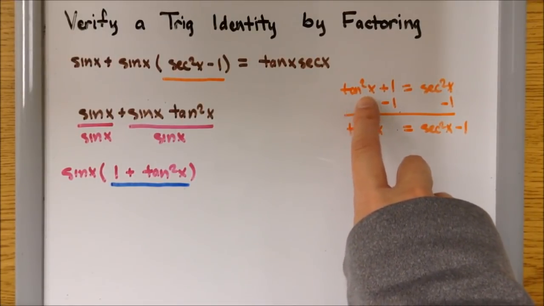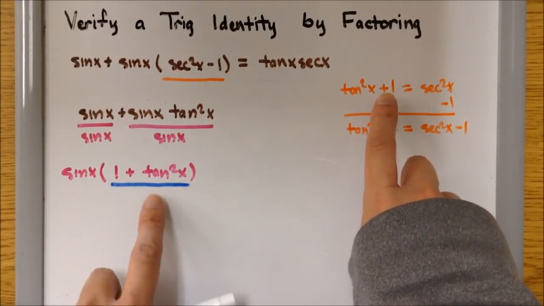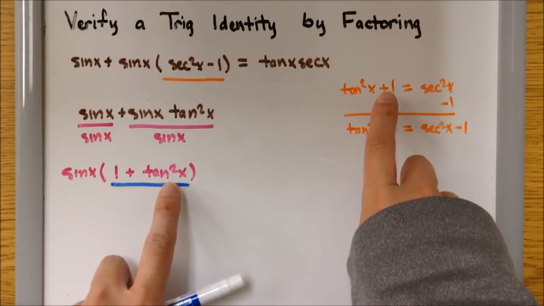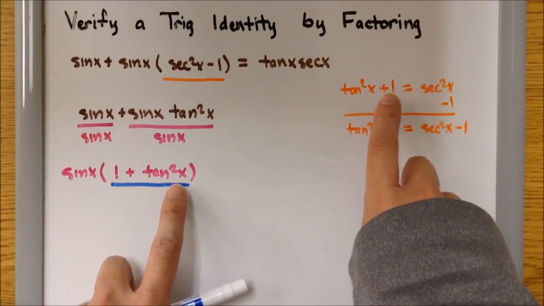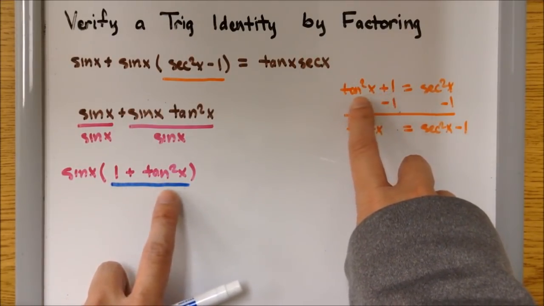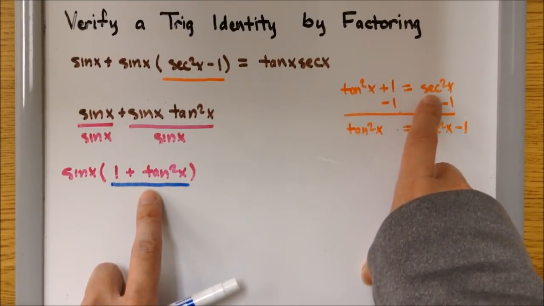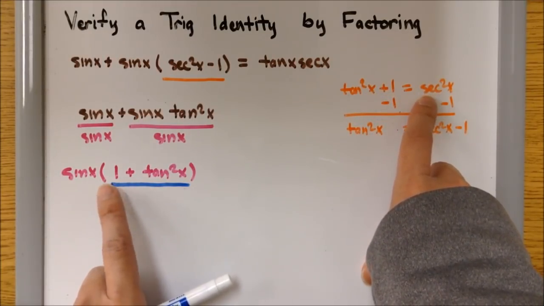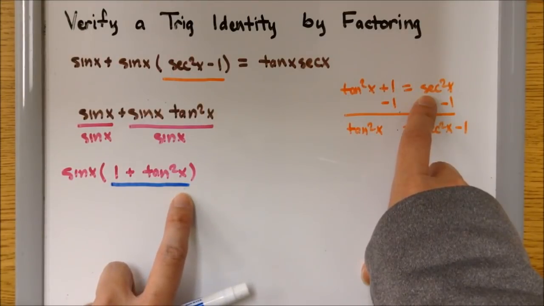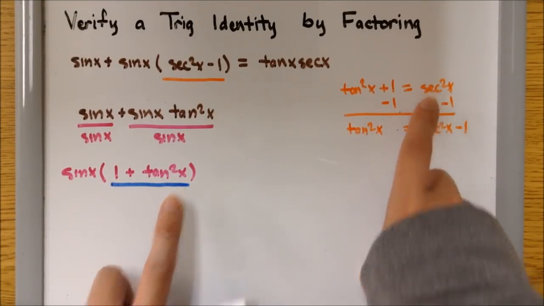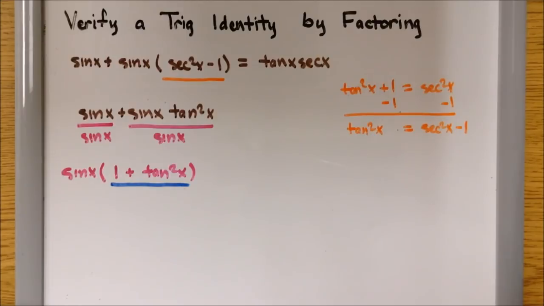Here we have tangent square of x plus 1, which is identical to 1 plus tangent square of x. So right now it's a complicated term. I'm going to switch it out with the simpler term. So instead of 1 plus tangent square of x, I'm going to switch it out with secant square of x.